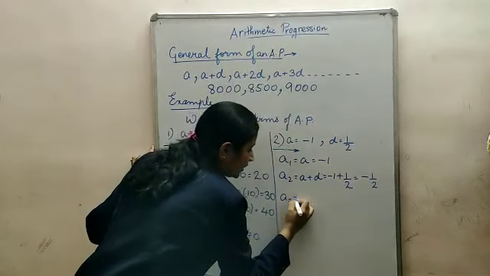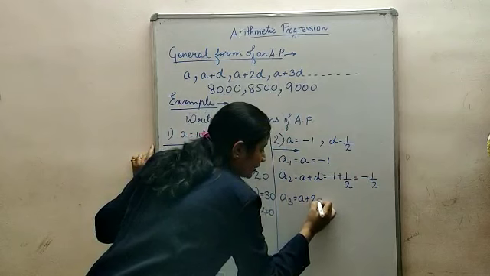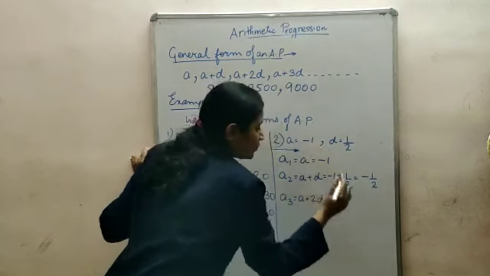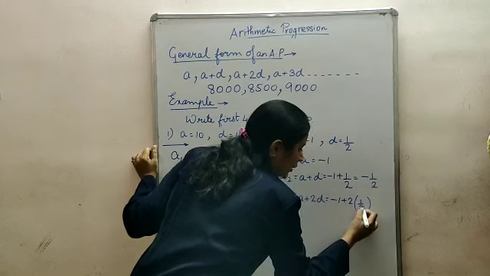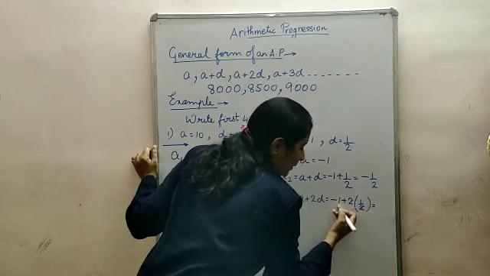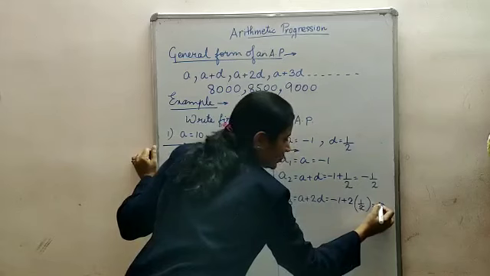a3 is our third term, which is equal to a plus twice d, a is -1 plus 2 into 1 by 2. Here 2 gets cancelled. -1 plus 1 gives you 0.